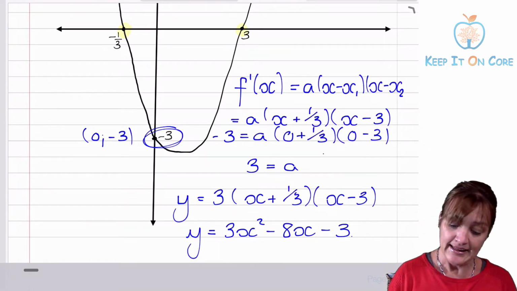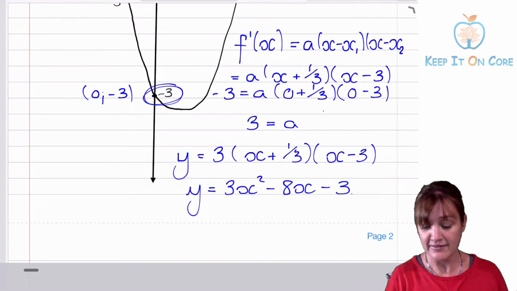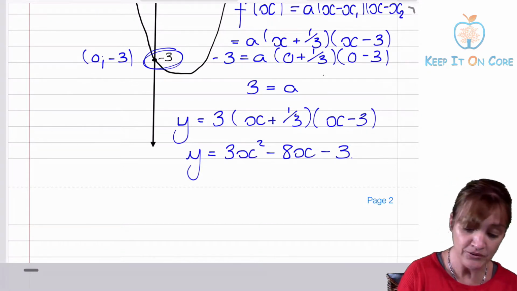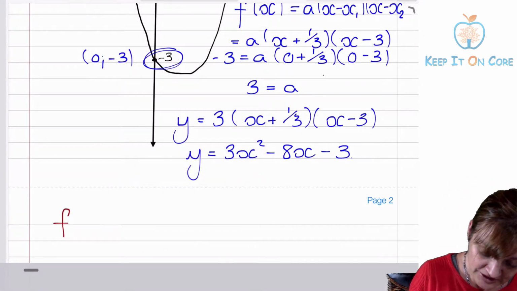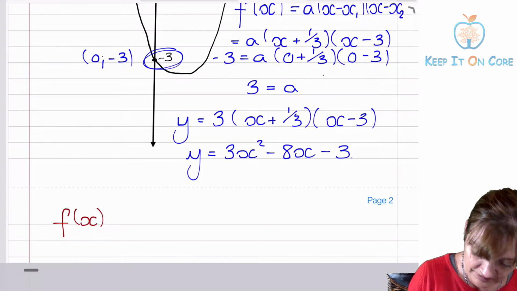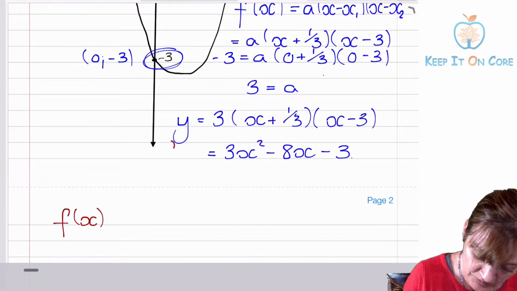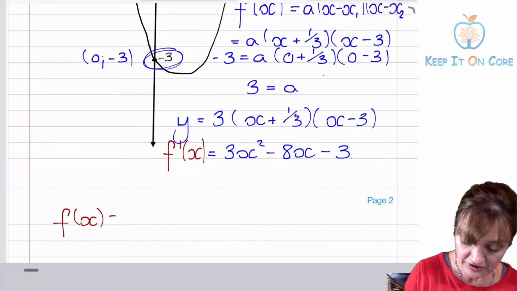Okay. Now that we've got that, we have to work backwards to find the original f of x. So we're going to do the rules of differentiation in reverse, okay? So to find my original f of x equation, because in fact, remember this over here represents your derivative equation, we're going to do the rules in reverse.